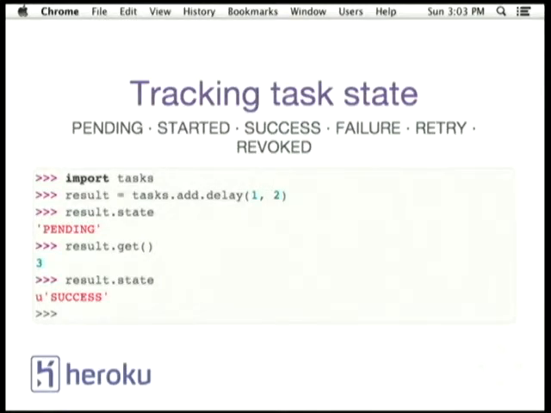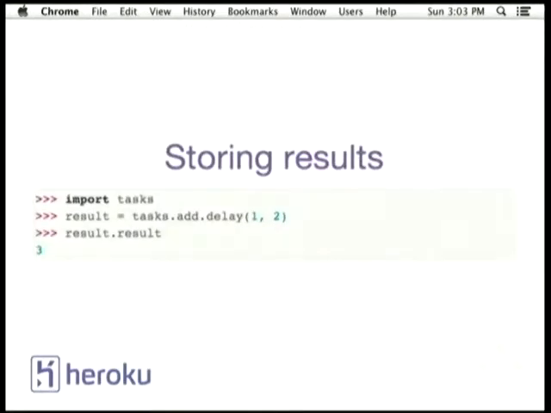When a task is sent to a broker, Celery marks the task as pending. When it's then started by a worker, it's marked started, then success or fail. You need a result backend in order to know what state a task is in, and of course to know what it returned, what value or object the function returned that the task was running.